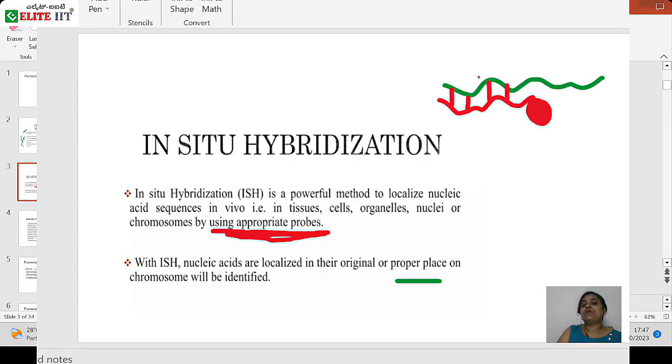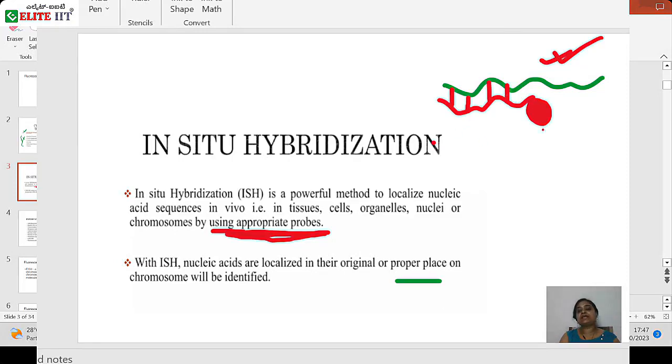In order to prepare a probe, you have to know the sequence of the gene you want to identify. Then only can you design one probe. Artificially you are designing the probe. A lot of companies are there. If you give the sequence of short chain DNA, they can prepare it, just as they can prepare primers for PCR.